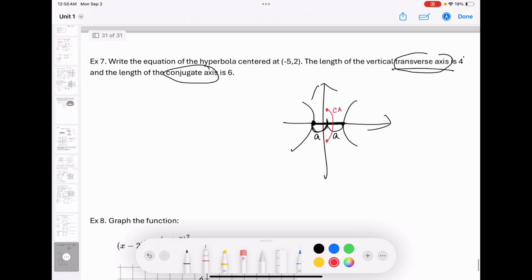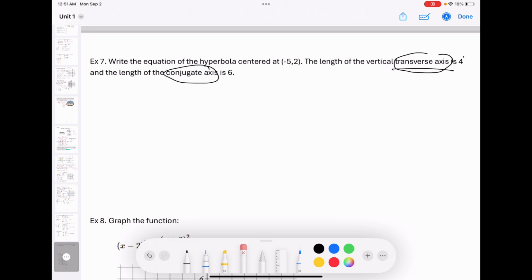The distance from the co-vertex to the center, and from the center to the co-vertex, is B. So 2B is the CA, the length of the conjugate axis, and 2A is the length of the transverse axis. If we have this definition in mind, we can move on and put all the information on my XY plane, and then start to graph it.